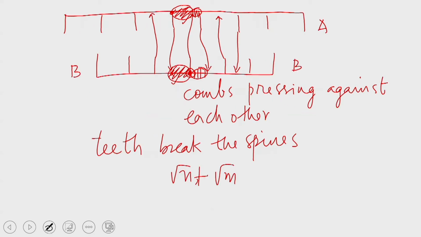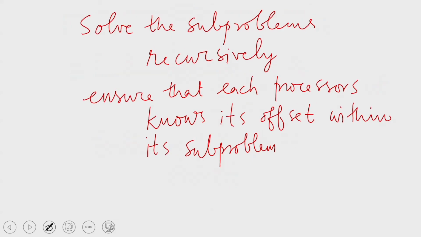What I mean is this: in the global instance, we have these two arrays A and B, and we have one processor per element. So the ith processor on the A side is sitting on the ith element of A, and this processor is aware that it is the ith processor on the A side. Similarly, every processor sitting on the B side is also aware of its offset within B. For the recursion to hold good, the same level of awareness should be there for every processor deputed to the subproblems. But how do we ensure that?